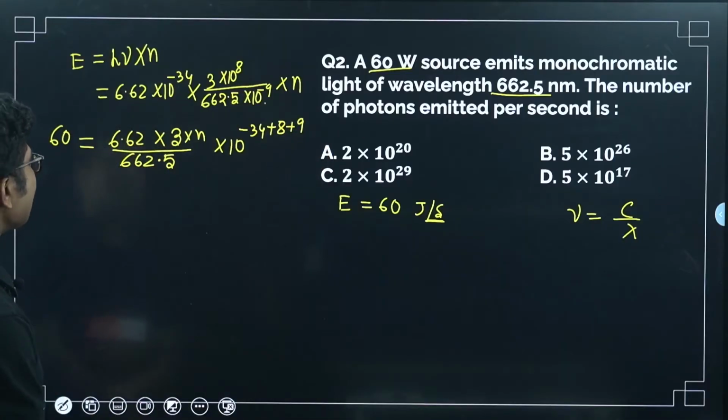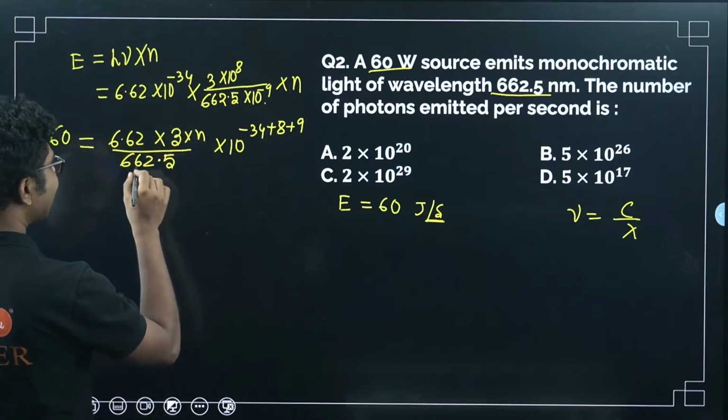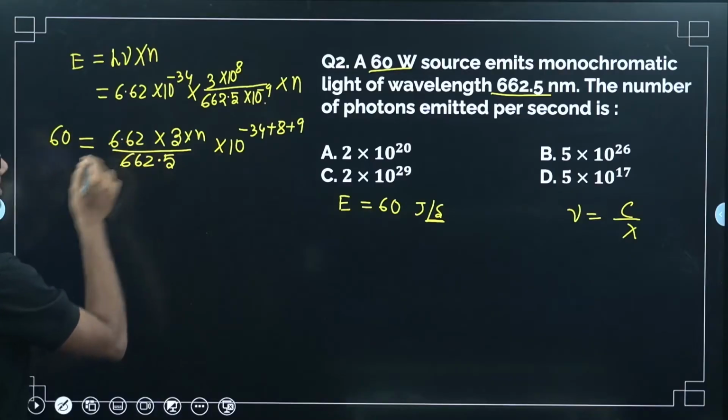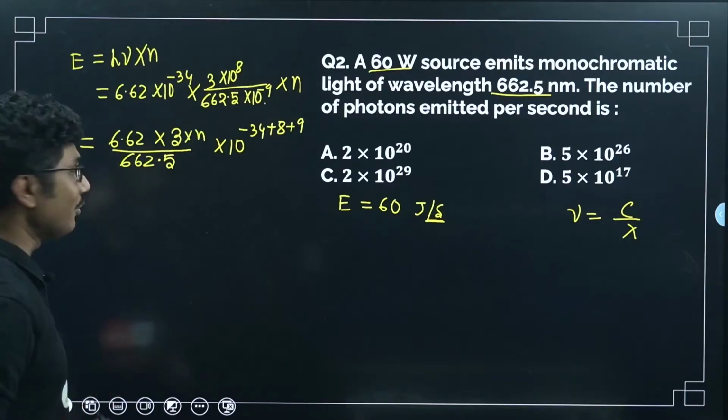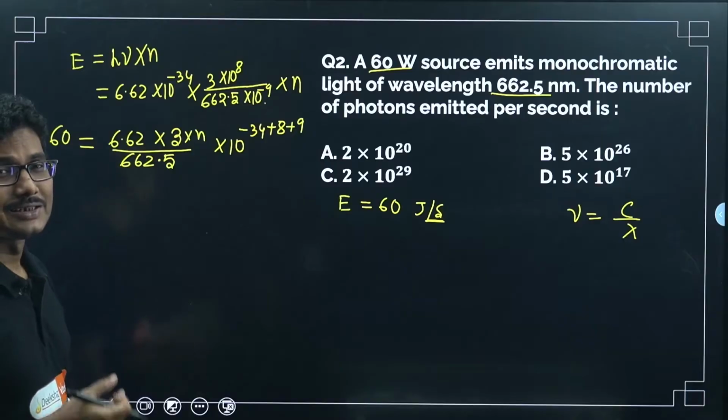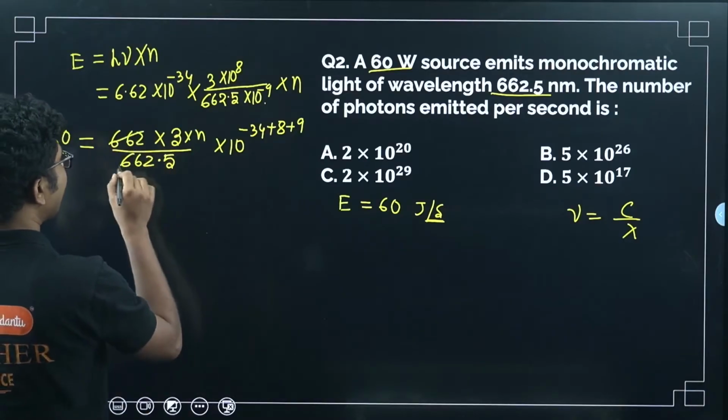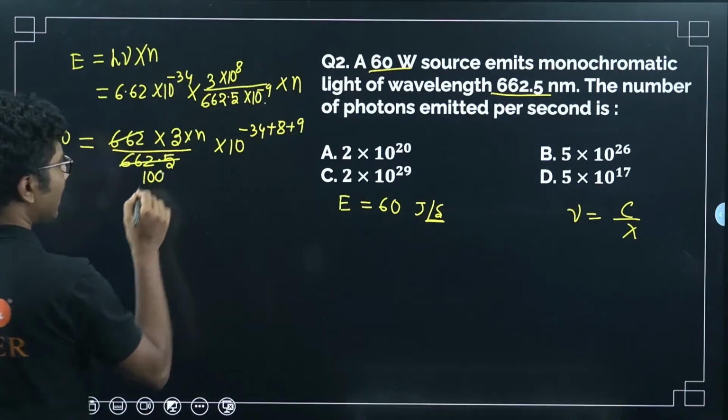I have told you multiple times. Now if you cancel, this number is 6.62 and here it is 662, so approximately we can cancel this and write it as 100.